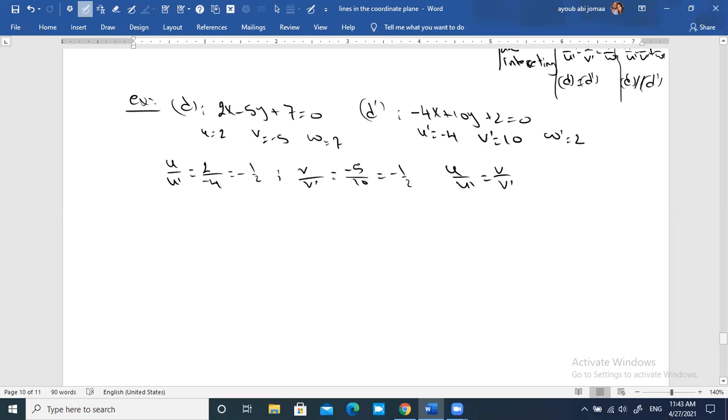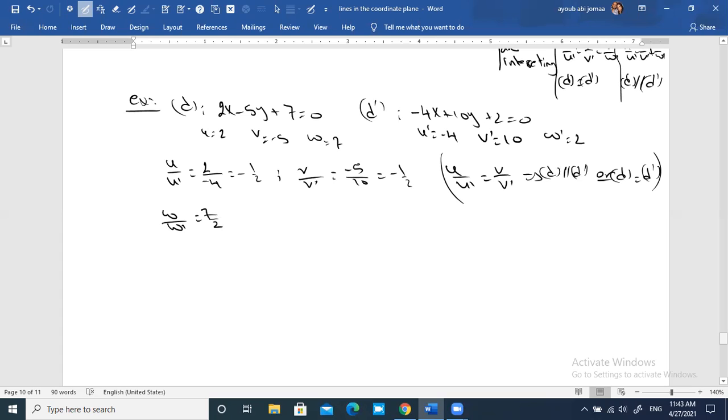Now check w over w prime. It means that d is parallel to d prime or d is equal to d prime. I just remark that w over w prime is 7 over 2.